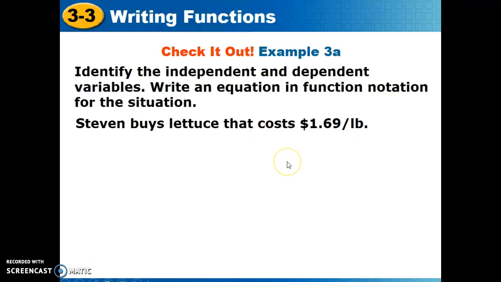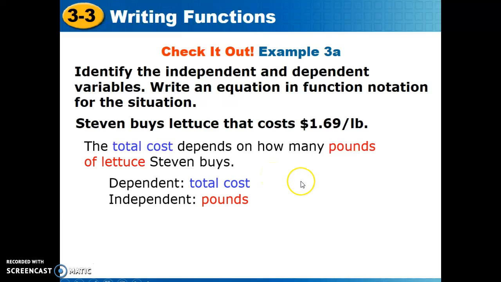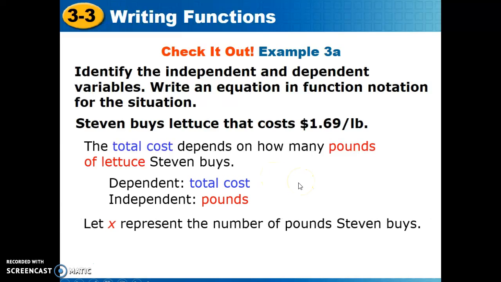You guys check out 3a. It says write the equation in function notation and identify independent and dependent variables. Well, you should have come up with something like this. We've got lettuce at $1.69 a pound, and we know that the total cost depends on the pounds that Stephen buys, so total cost is dependent and pounds are independent.